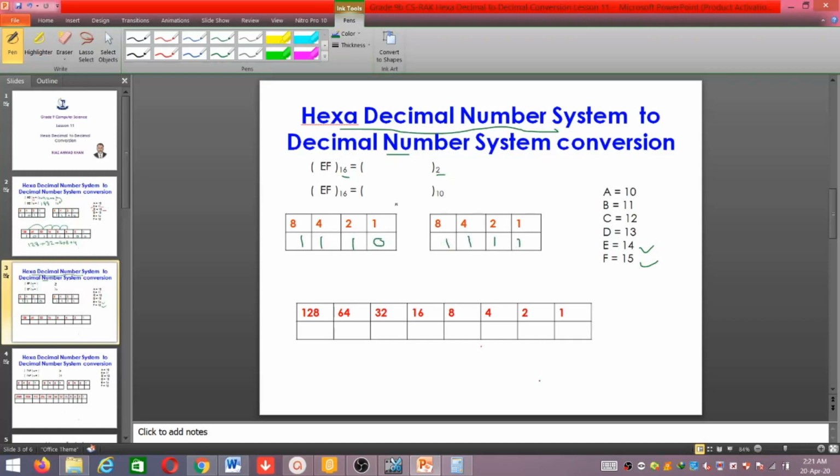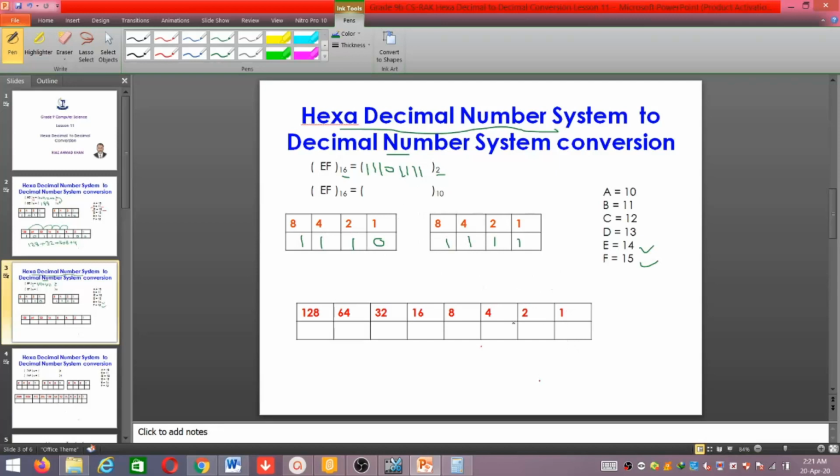It means the binary code for EF is 1110, and you have 4 ones here. Now if you want to convert this into decimal, you have to write this code here.